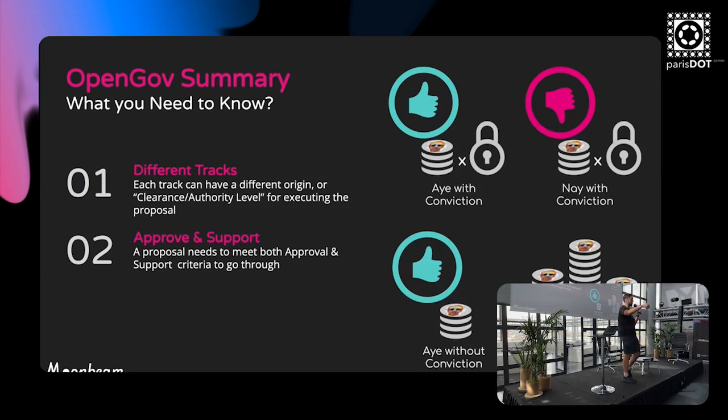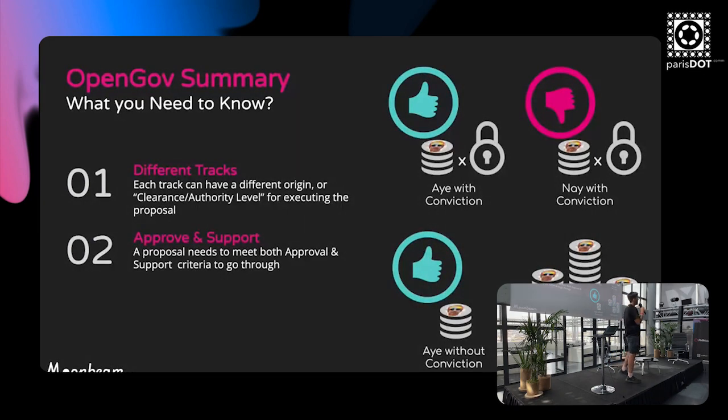That's called conviction. So approval is basically the yes votes times the conviction versus the no votes times the conviction, okay? And then the support is basically the yes votes, the votes without conviction, compared to the total supply of tokens that are ready to be used in democracy, okay?